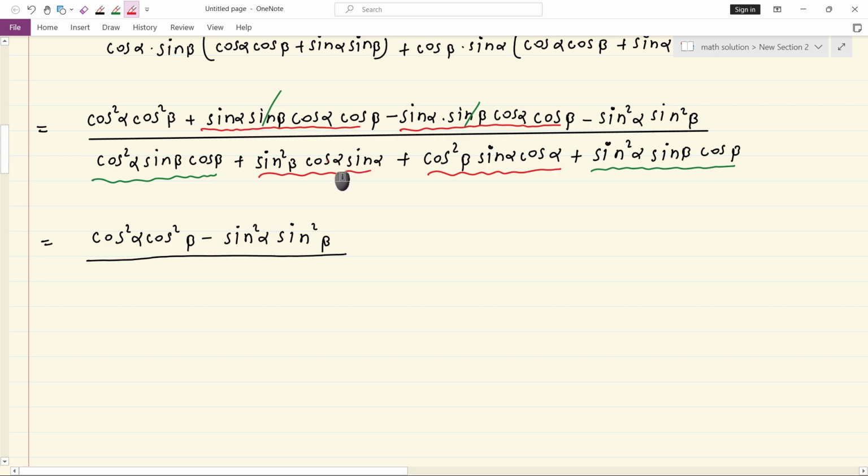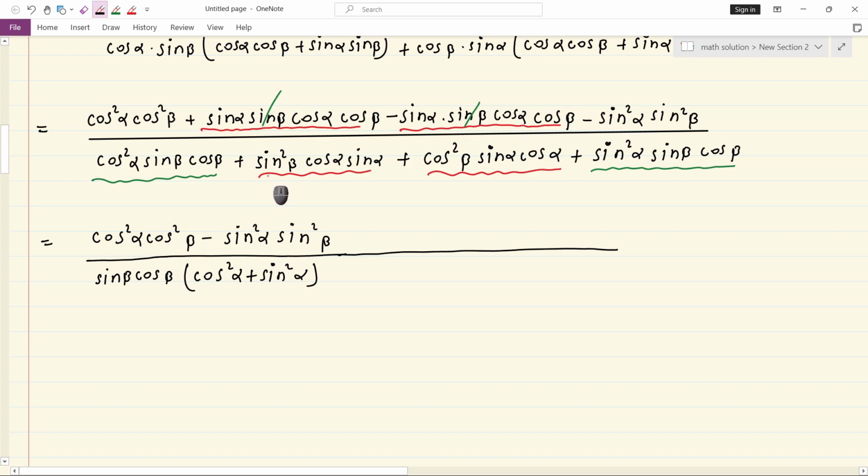In the term underlined with green color, we are taking common sin beta cos beta, and in the bracket we are left with cos square alpha plus sin square alpha. We got a simpler term, isn't it? Because we have the formula sin square alpha plus cos square alpha equals 1.